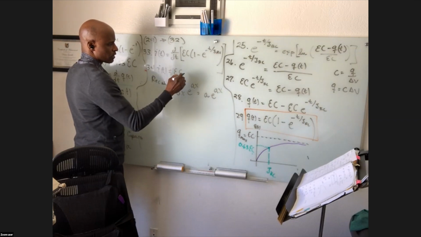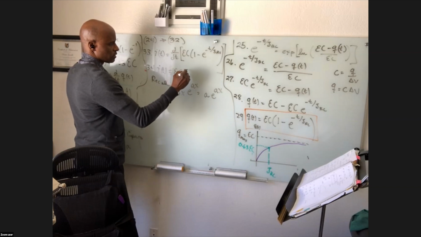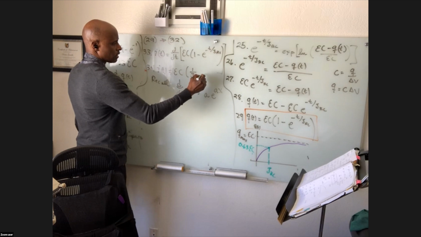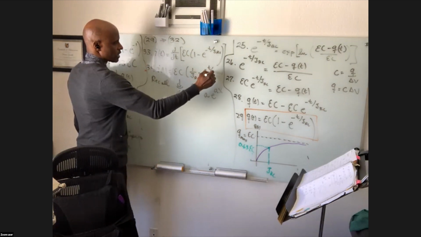So this is going to be EC times 1 over tau RC times e to the minus t over tau RC.